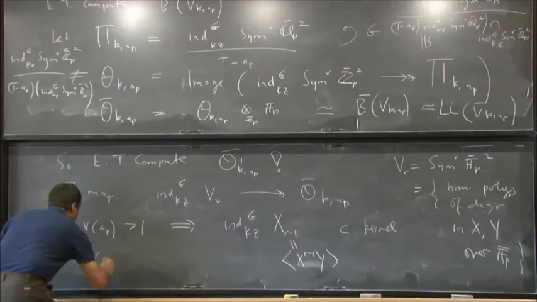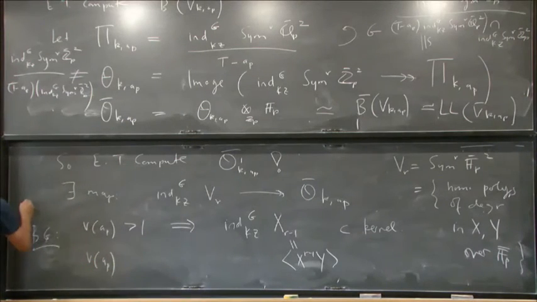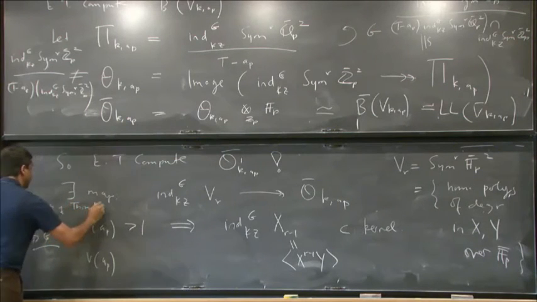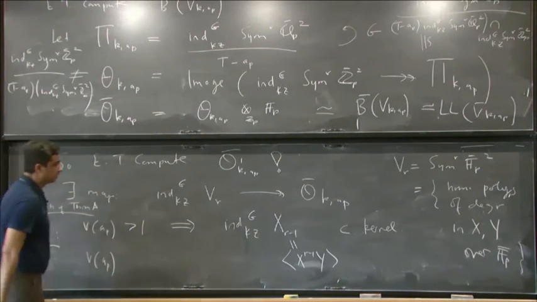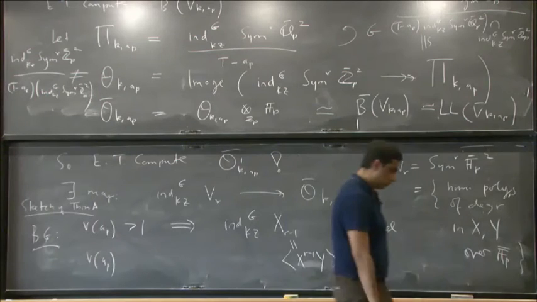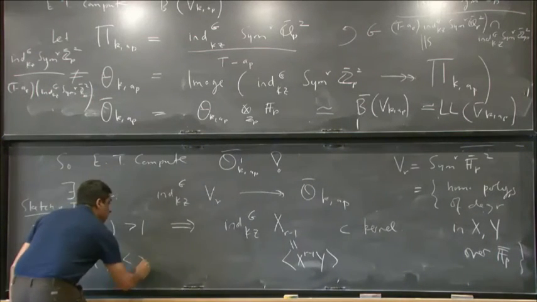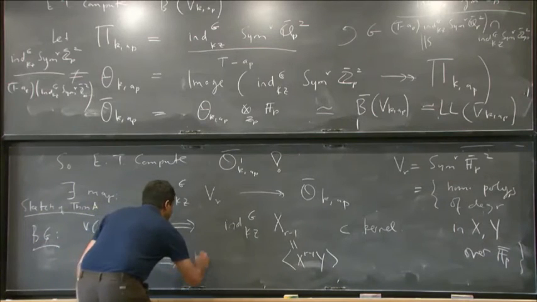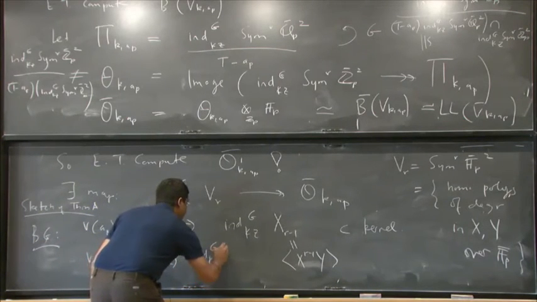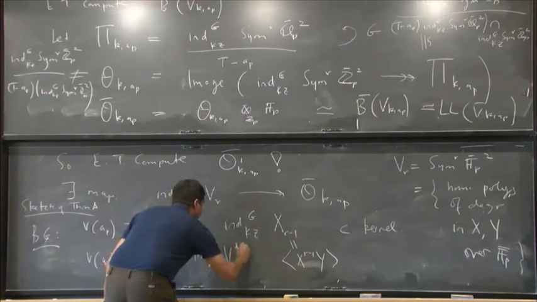And if the valuation of a_p, so this is a sketch of now Theorem A. So far everything was completely general, but now I'm specializing to slopes between 1 and 2. If your slope is less than 2, then you know another submodule is in the kernel.